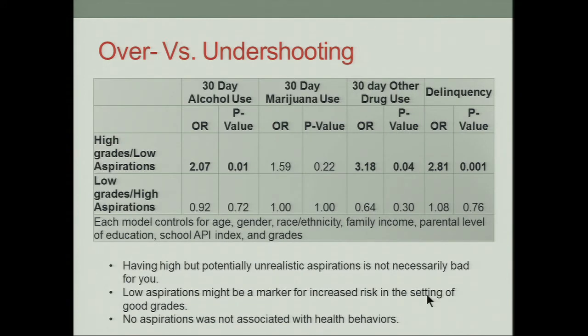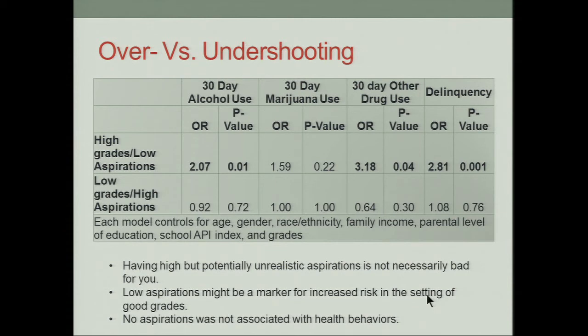So finally, we looked at those students who had high grades but named a career that required very low levels of education. So something like being a singer, a professional athlete, or a police officer. And we looked at those kids who had low grades but aspired to have a career that required high levels of education, like being a doctor or a lawyer. So compared to those whose aspirations were more consistent with their grades, students with high grades and low aspirations had an increased odds of engaging in substance use and delinquent behaviors.